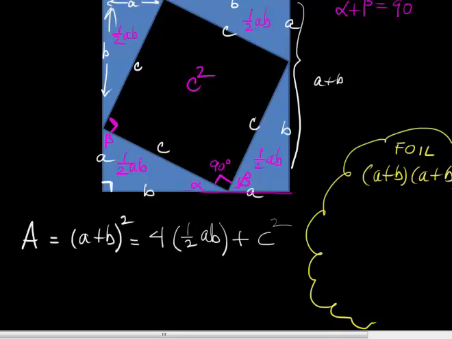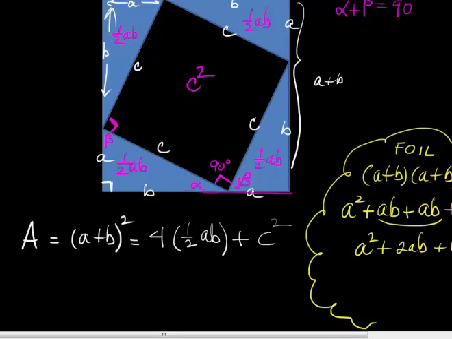So we multiply the first terms, a times a, a squared, and add to that the product of the outer, a times b, and add to that the product of the inner ones, ab again, or ba, it doesn't make any difference, we'll write ab, and the product of the last terms, b squared. Well, this is 2ab, so we have a squared plus 2ab plus b squared.